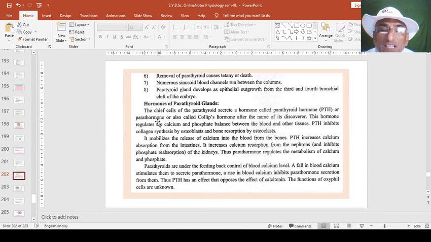Therefore, the parathyroid secretion is also known as Collip's hormone. This hormone regulates the calcium and phosphate balance between the blood and other tissues.